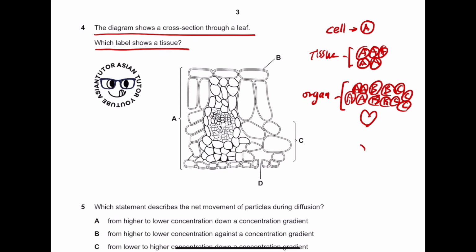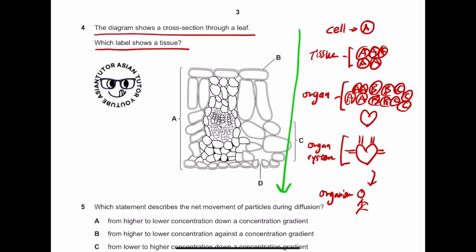But if you have a heart with the blood vessels attached to it, then the whole thing now is called an organ system. And if you have more of them gathered together, then we have an organism. So can you see how the concept gets developed here?